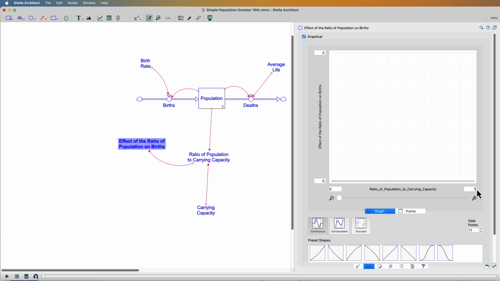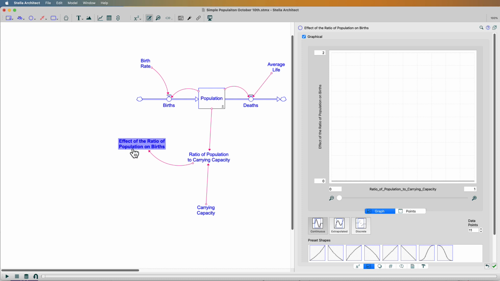So I'm going to make this 1. And as this ratio reaches 1, so if you think about this, as the population is growing and approaching the carrying capacity of 450, this ratio is going to start to approach 1. And as it approaches 1, it'll have an effect on the ratio of births. So I'm going to take this and bring it into the births and multiply up there.